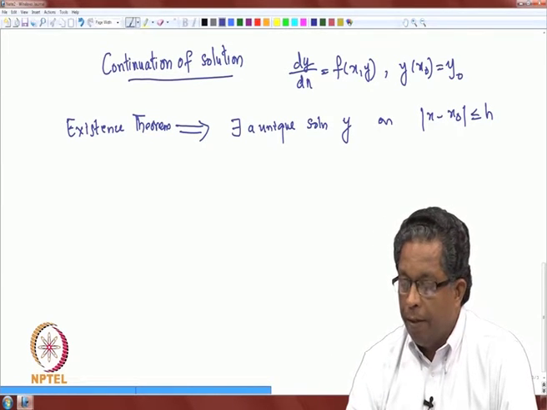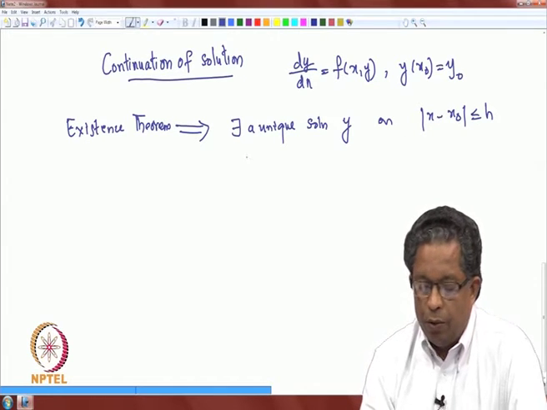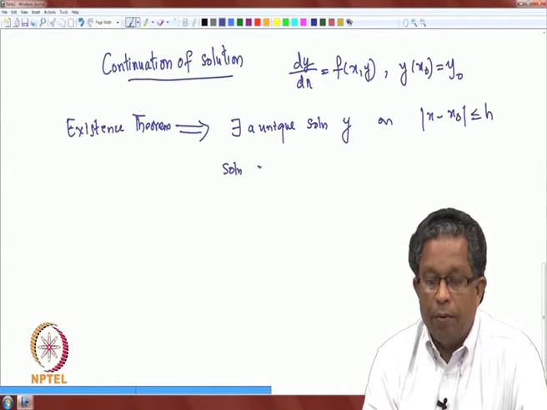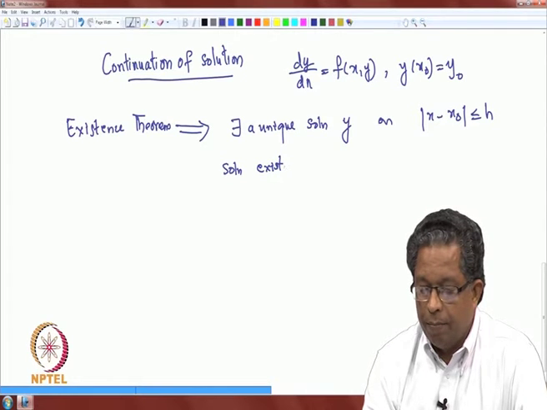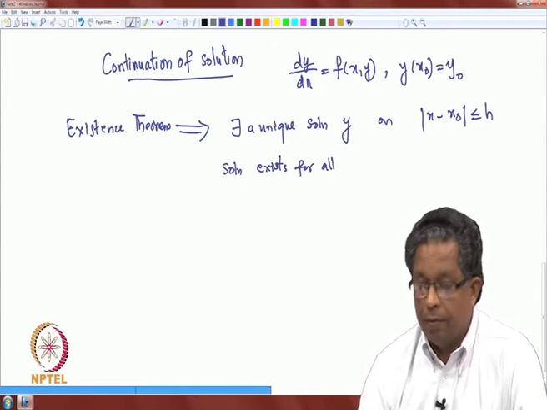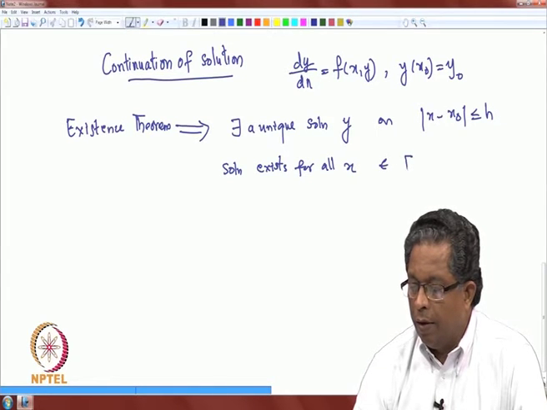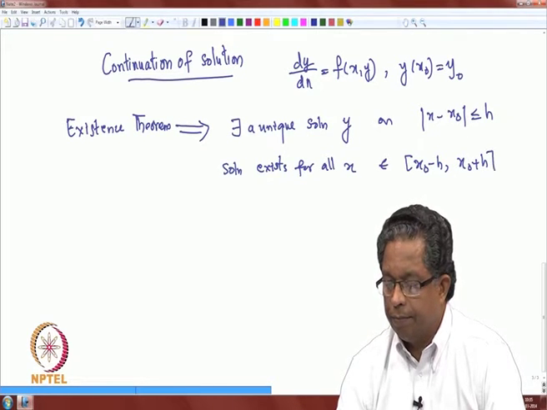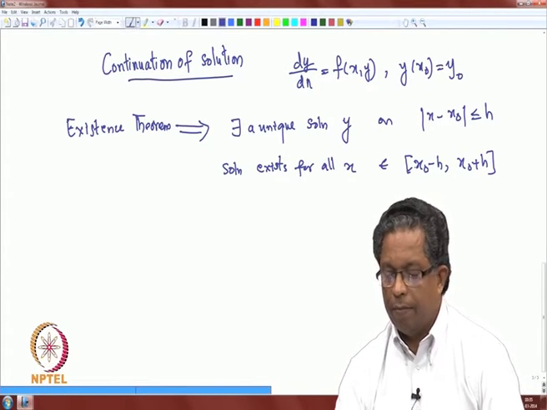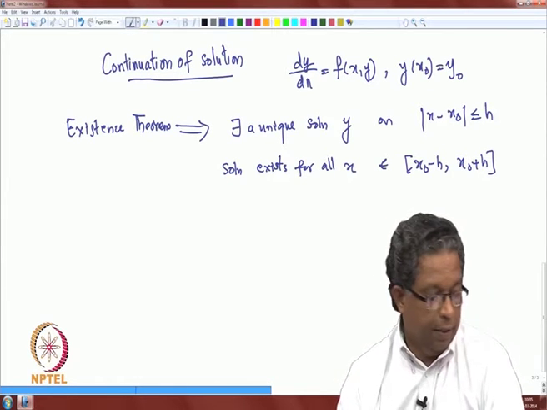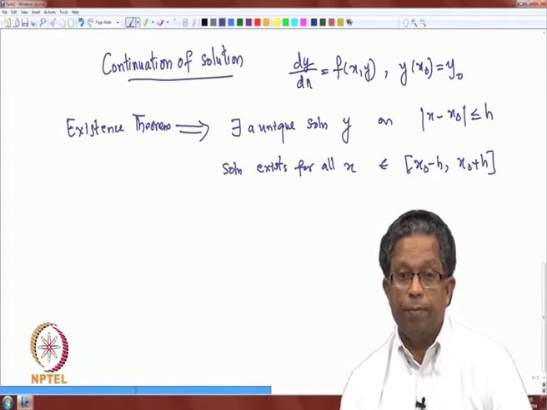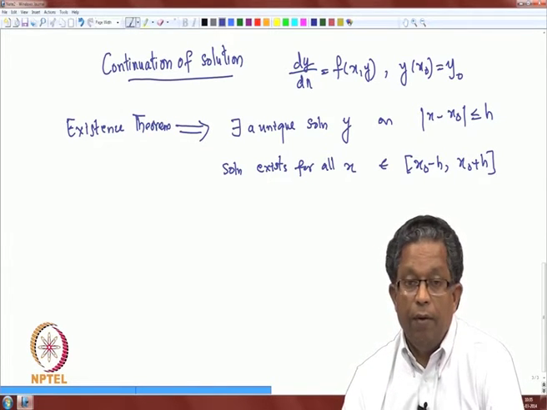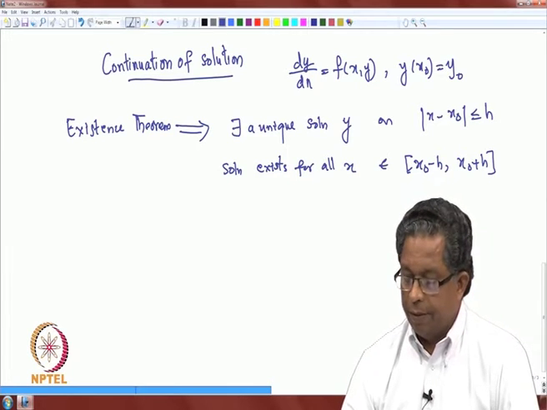So the solution exists for all x in the interval x 0 minus h to x 0 plus h. Now the idea is to continue the solution to the right and to the left. We will deal with the continuation of the solution to the right. A similar argument holds for continuation to the left.